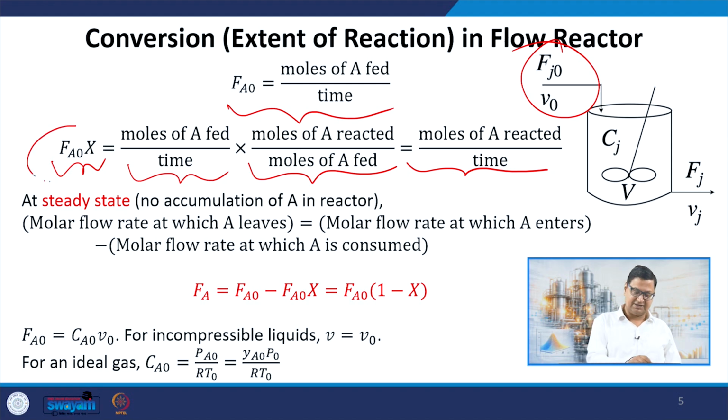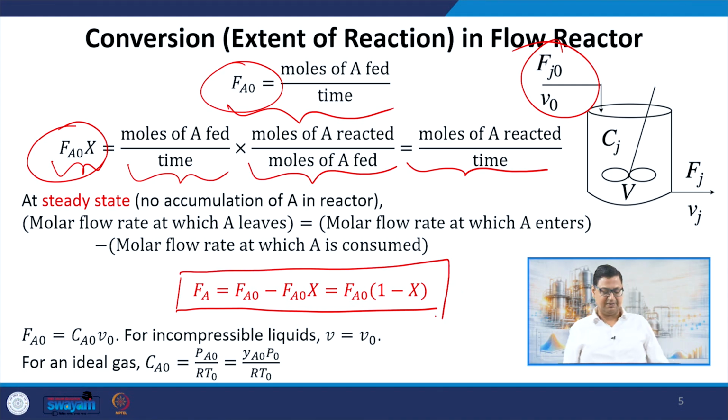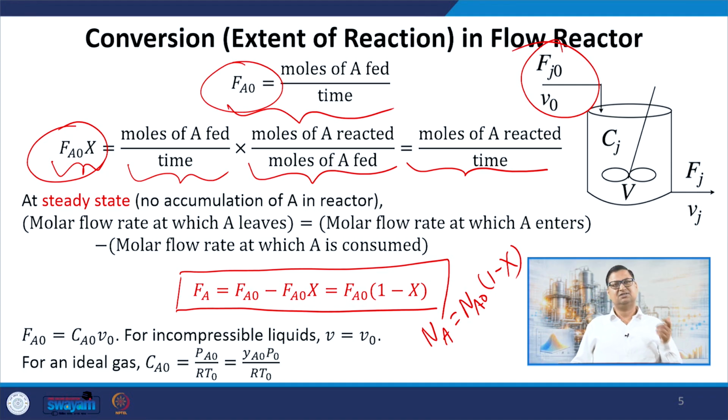If I subtract this quantity Fa naught x from Fa naught, what we are going to have is the definition of Fa, that is the moles per unit time leaving the reactor. Fa is equal to Fa naught into 1 minus x, compared to the batch reactor where we had Na equal to Na naught into 1 minus x.